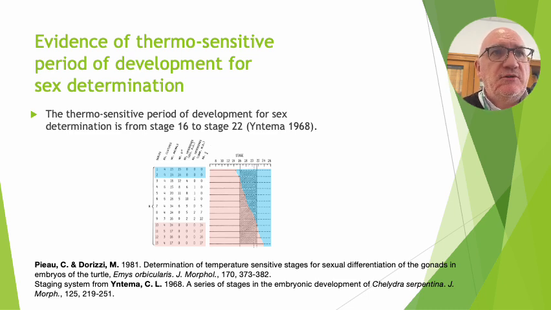Here, this is the work of Claude Pieau and Mireille Dorizzi in Emys orbicularis, and it was based on the shift during incubation from feminizing temperature to masculinizing temperature. They showed that the thermosensitive period of development for sex determination was from stage 16 to stage 22, based on the numbering of Yntema published in 1968.